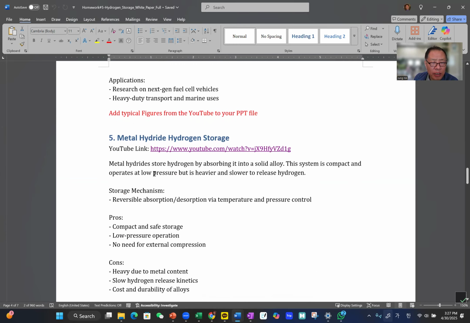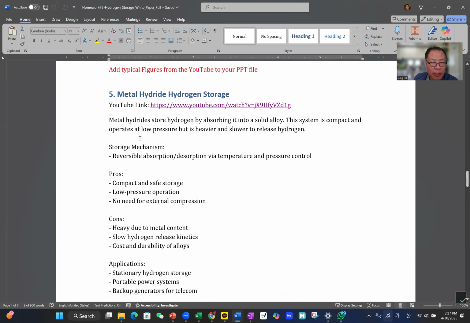And metal hydride stores hydrogen by absorbing the hydrogen molecule into solid alloys. This system is very compact and operates at very low pressure and regular temperature.